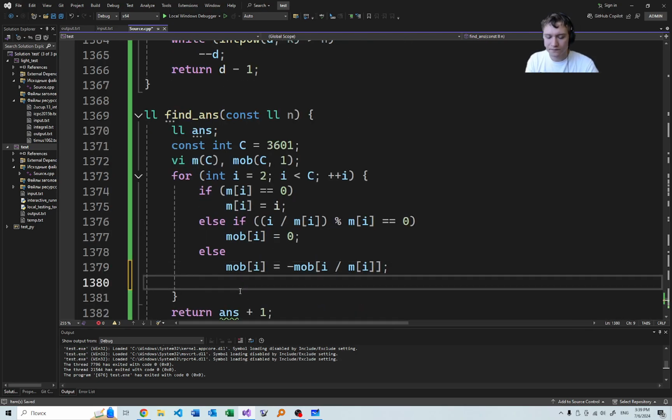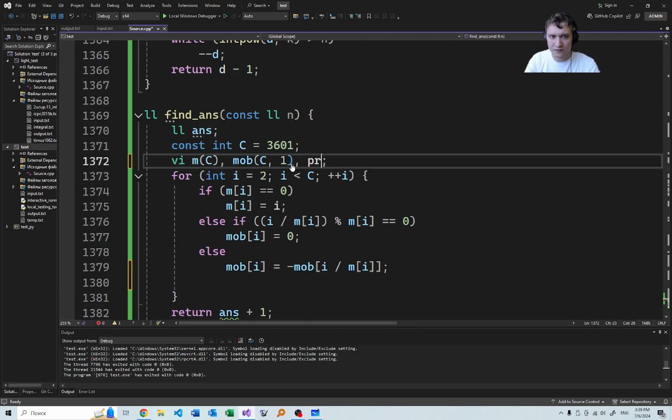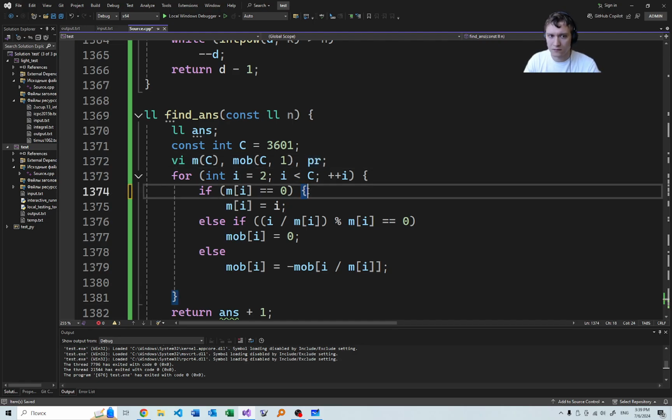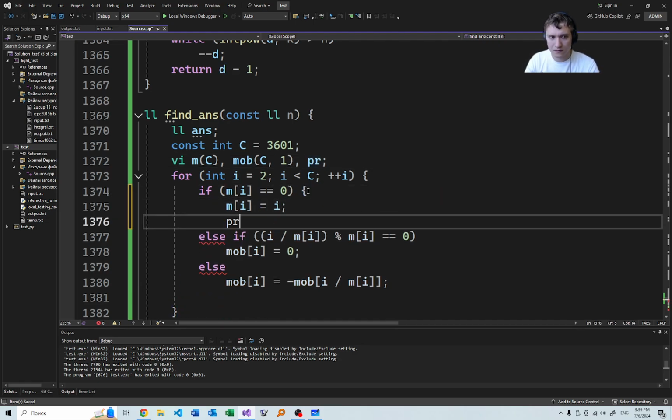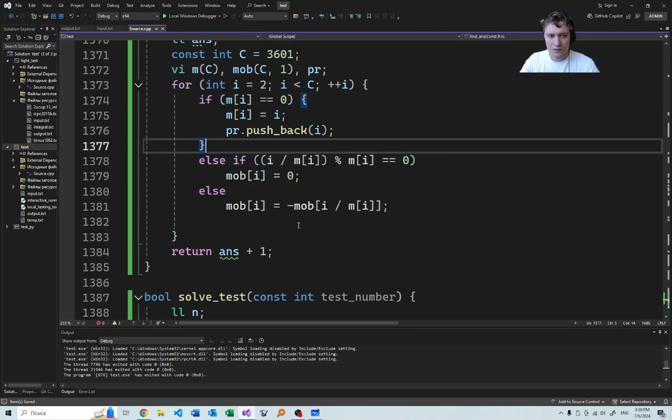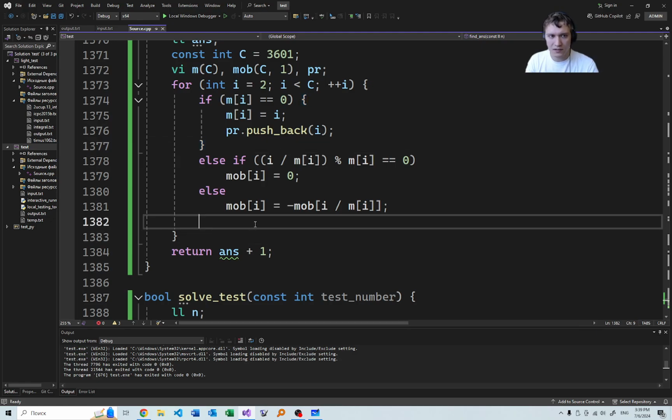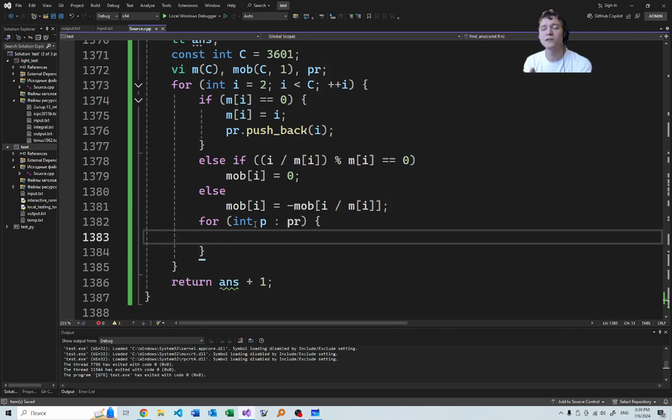Then I need to go through also primes. So let's go through all primes. So we try to multiply I by all primes.